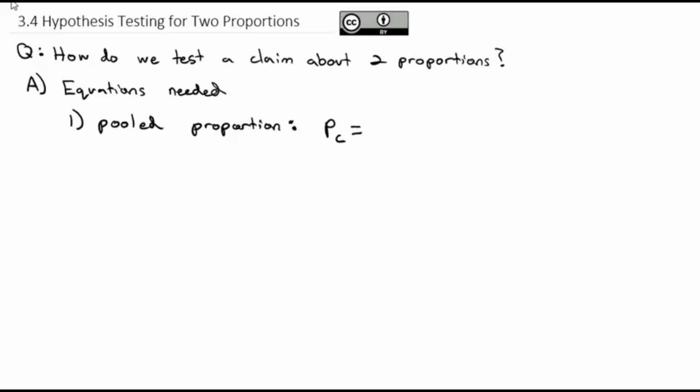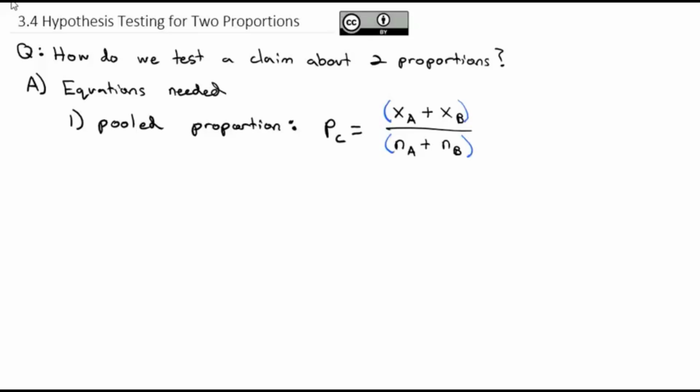The pooled proportion is equal to the sum of the successes from the first group and the successes from the second group, divided by the number in the first group plus the number in the second group. As a tip, if you do this on your calculator, you will probably need to put parentheses around the numerator and denominator to make sure that division happens in the correct order, because a proportion should always be between 0 and 1.